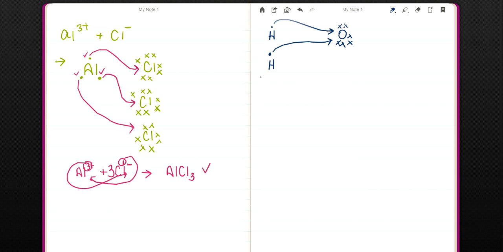So instead of electrons being given away and the formation of a compound like we showed here, you would have oxygen forming a bond with hydrogen to fulfill its outer octet. Because remember, for hydrogen, only the first orbital needs to be fulfilled.